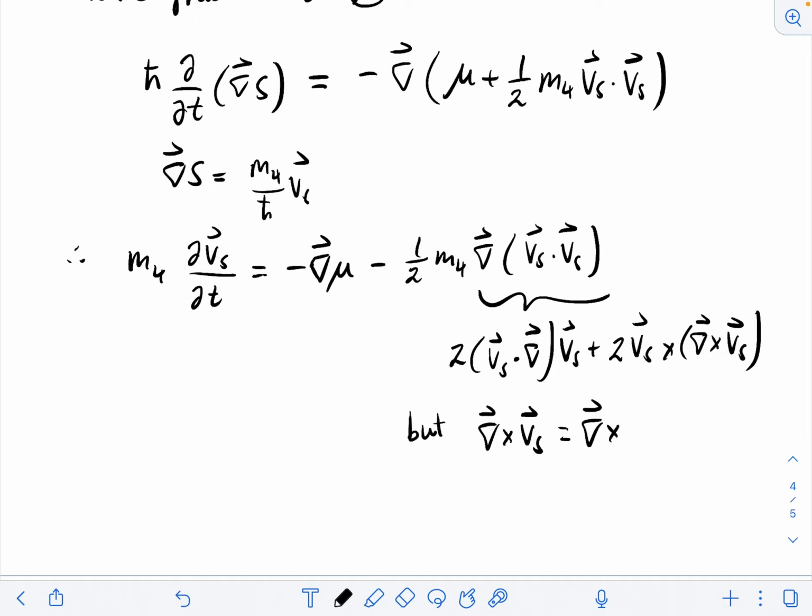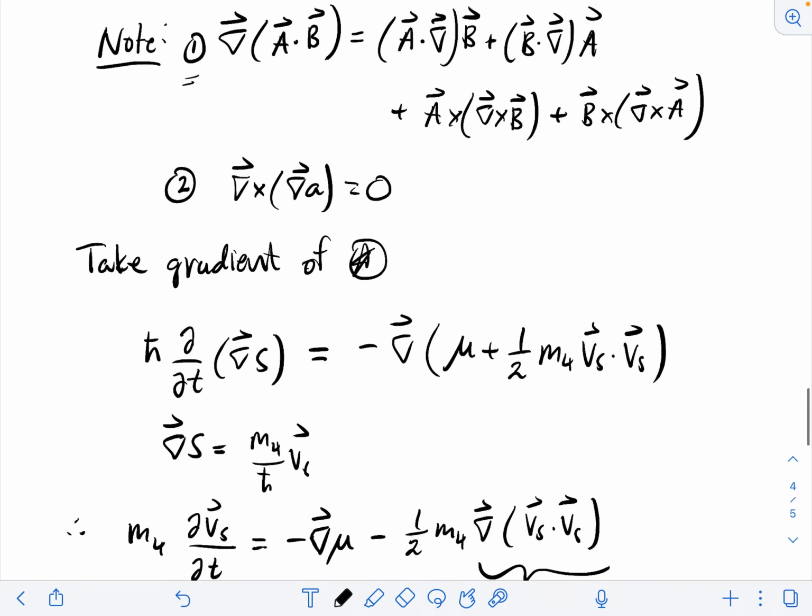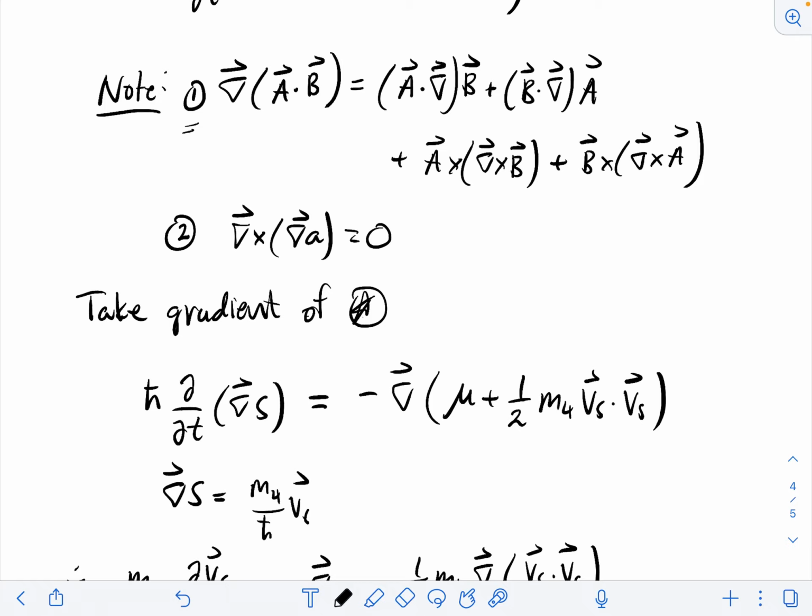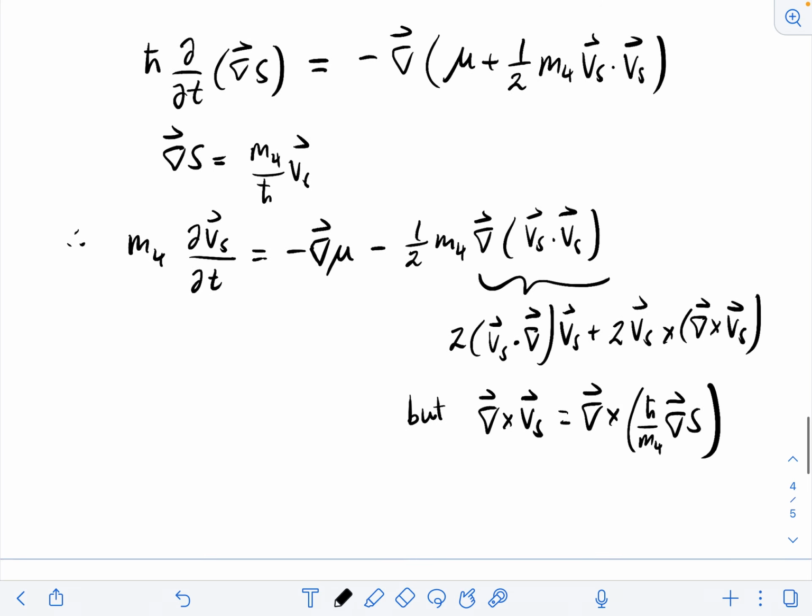It's h bar over m4 times the gradient of s. But we just said in identity 2 that if you take the curl of a gradient, you get 0. And so here we have the curl of the gradient of our phase, and so this is equal to 0 by the second identity. Okay?